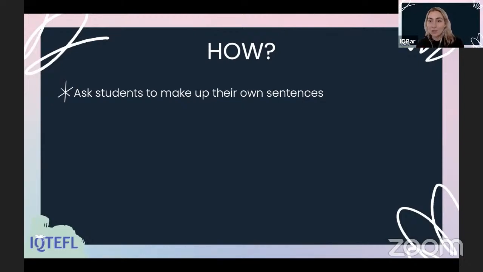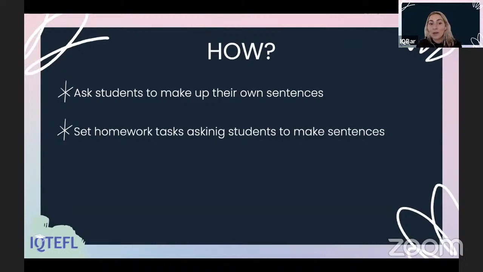If they're having issues with, like we said, just the basic structure, or maybe they are unsure of which tense to change it to. So this is a great concept checking mechanism in your lesson. And then set homework tasks, asking students to make sentences.